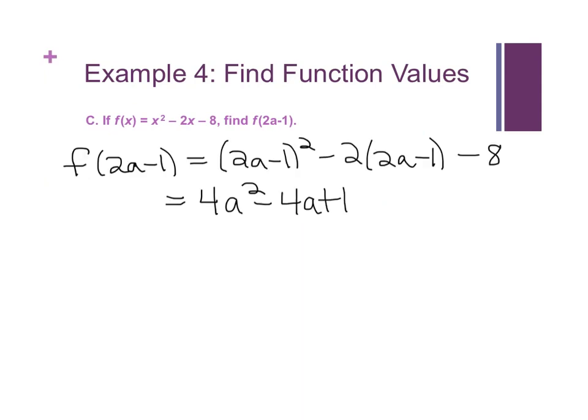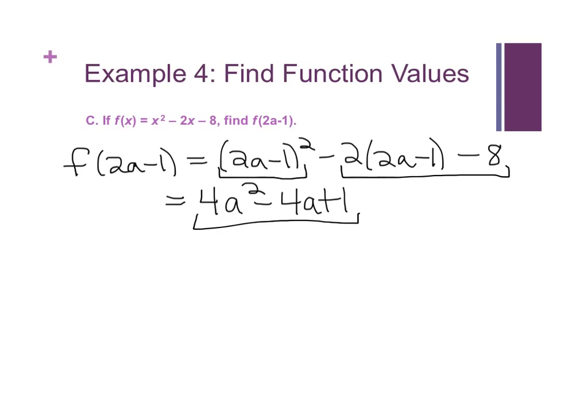Okay, picking up where we left off on the last slide, I had expanded 2a minus 1 by taking 2a minus 1 times 2a minus 1. That gave me 4a squared minus 4a plus 1. And now I still have to simplify all this extra stuff at the end.